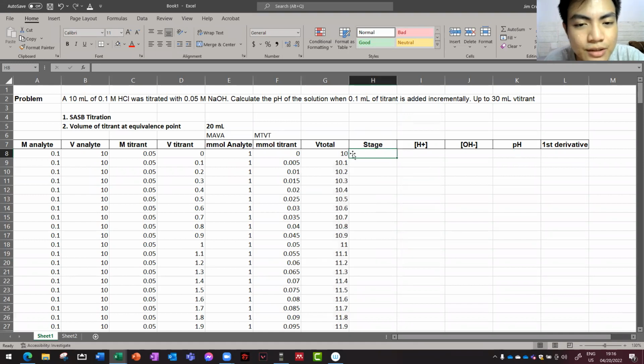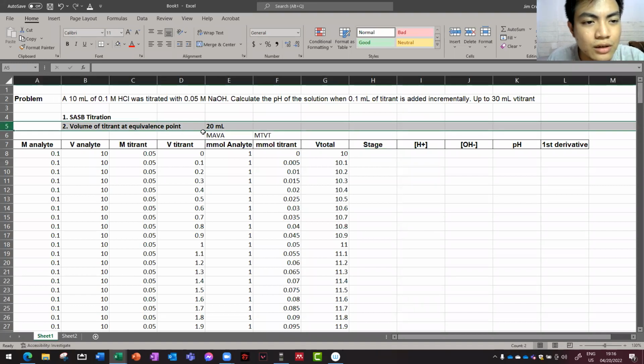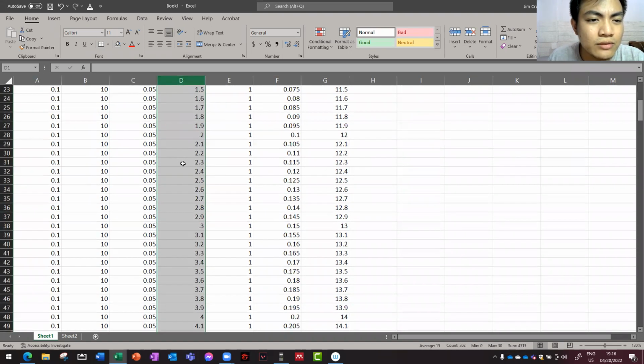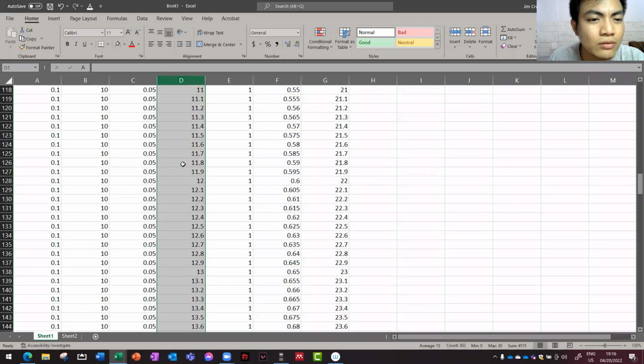For the stages, okay, so again, we have 4 stages in SASB of monoprotic acids. The 4 stages yan. So we have the initial, pre-equivalence, equivalence, then the post. According to our calculations earlier, the volume of titrant at equivalence point is 20 ml, meaning we need to look for the volume of titrant at 20 ml.